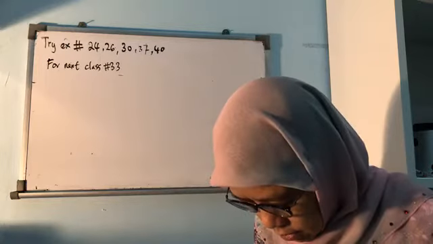Okay, R1, R2, 1, 2, 0, 1, 2, 1, 1, 1, 3, negative 1, 2, 3. We want to find the column with leading 1. Negative 2 R1 plus R2, negative 3 R1 plus R3.